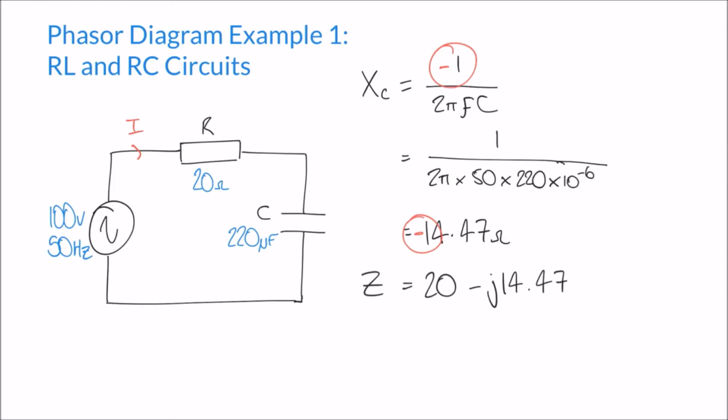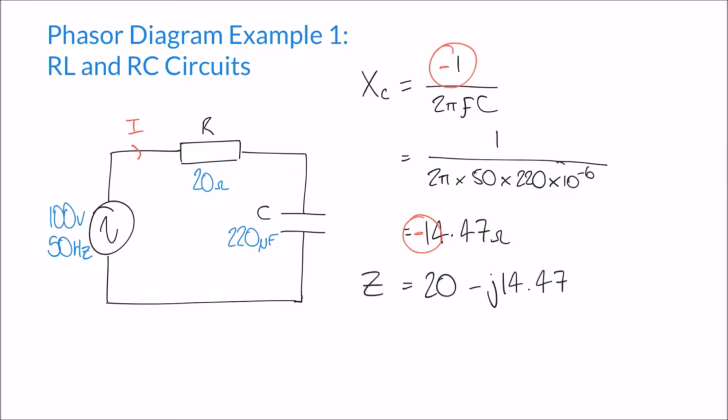That's going to affect our answer for the next stage, because when we convert this number to polar form, it's going to be at a negative phase angle. We're not going to do the conversion like we did in the previous example, where we used Pythagoras' theorem and trigonometry.